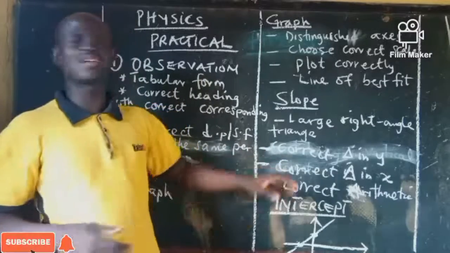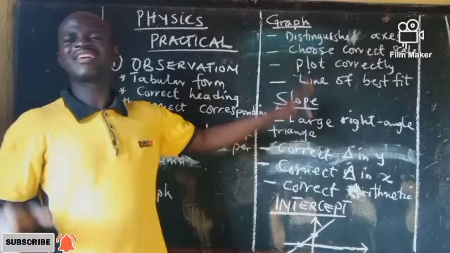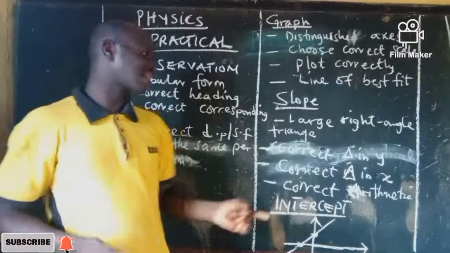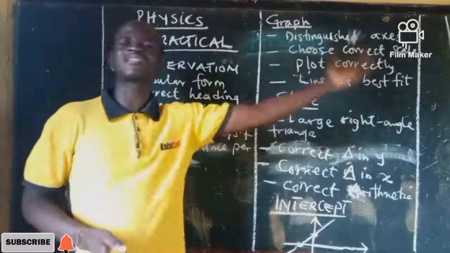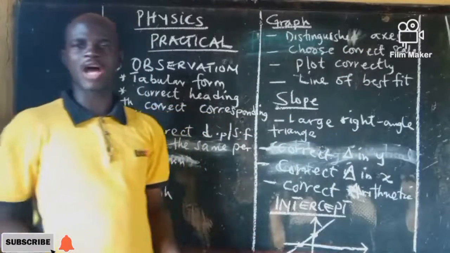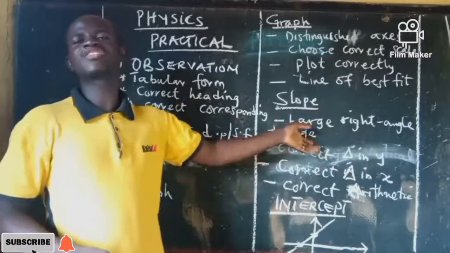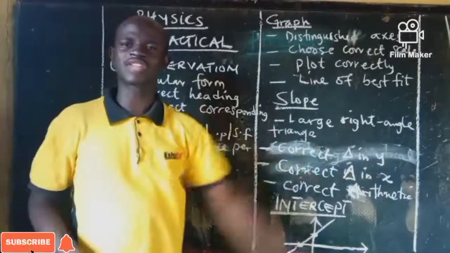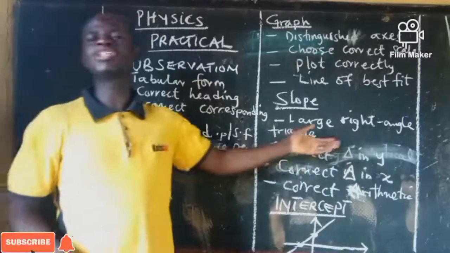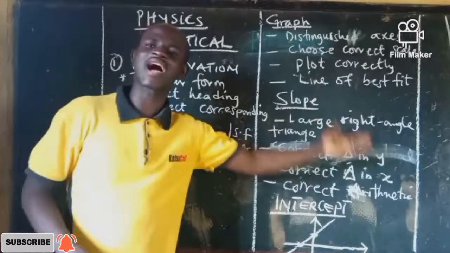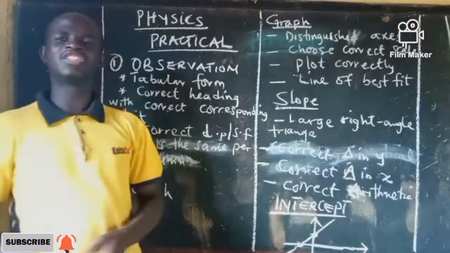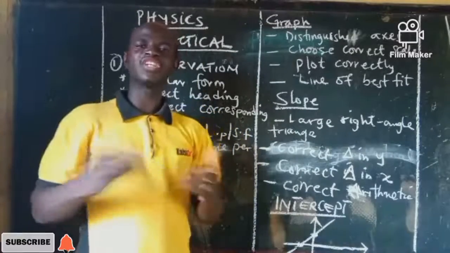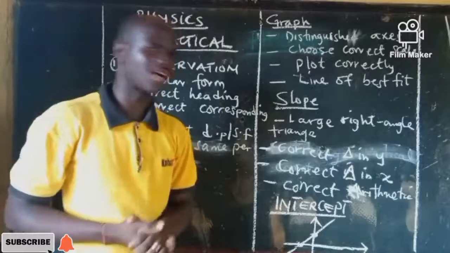This will generate a large right angle triangle. Now, after that, find the change in vertical. So that's the formula. You need to find the change in vertical, you need to find the change in horizontal, and you need to divide change in vertical by change in horizontal.